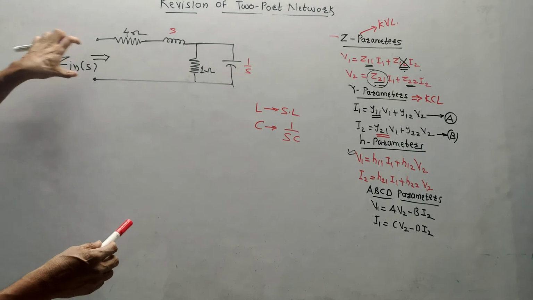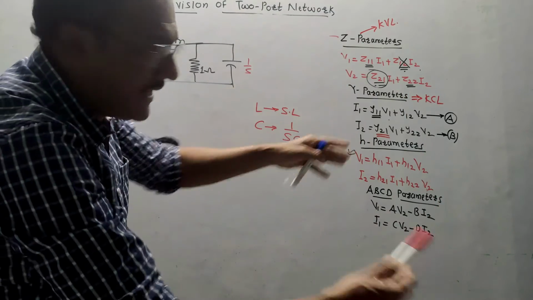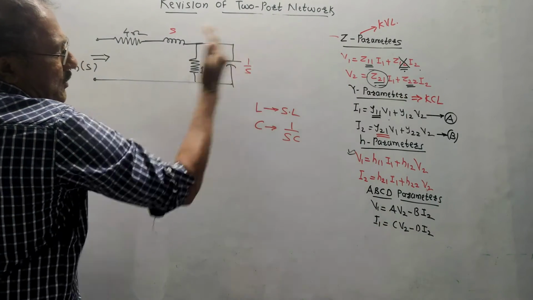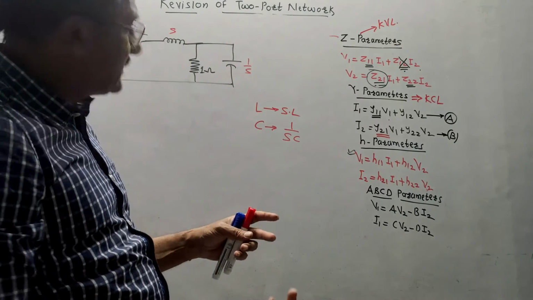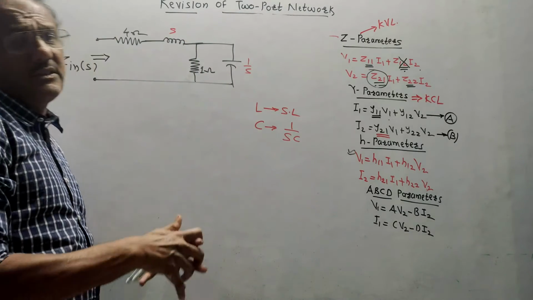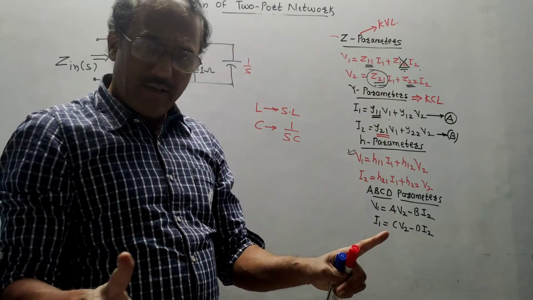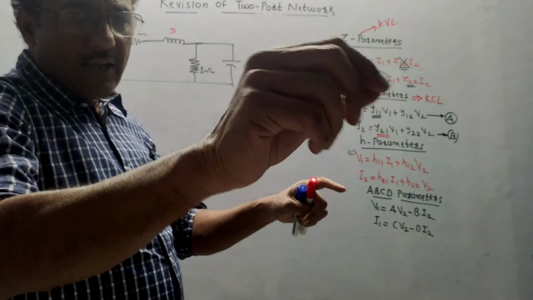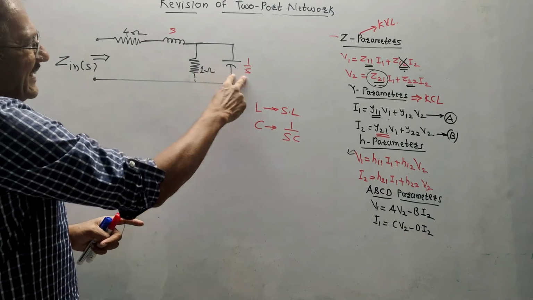Now, when you are looking from this end towards the network, start doing calculations from the other end. That means I will be doing calculations from this end. Now, there are two different wires. We already discussed this concept several times. Let us discuss it once again. Whenever there are two different wires, the things are in parallel. Whenever there is a single wire and two elements are shown, they are in series. So, these are two different wires, so they are in parallel.